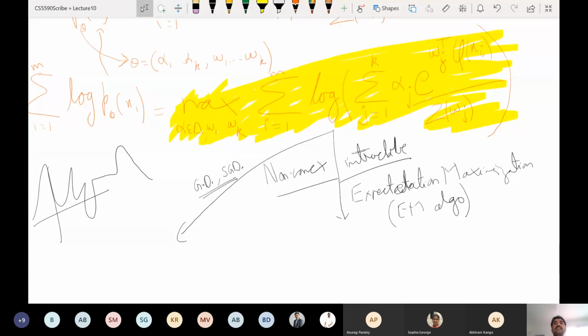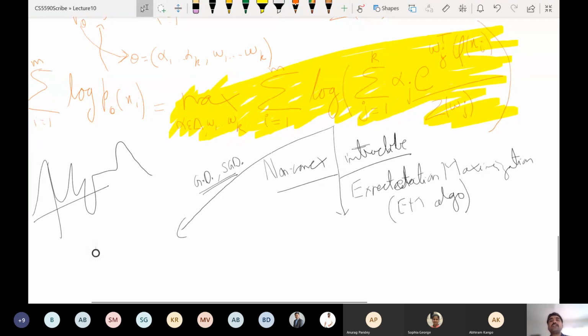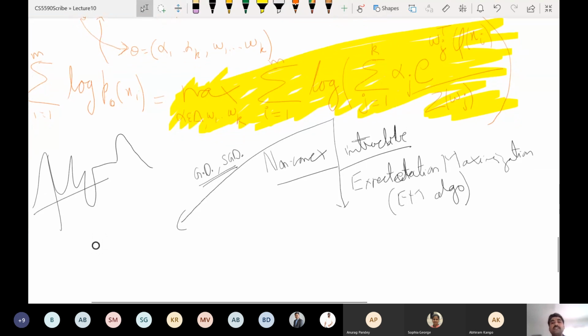Now the details of the derivation of the EM algorithm I have already given in your summary notes, but for your batch it is not important to understand the details of the derivation. What is important to understand is how it is intuitive and why it makes sense.